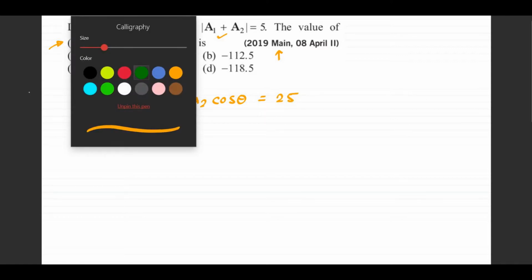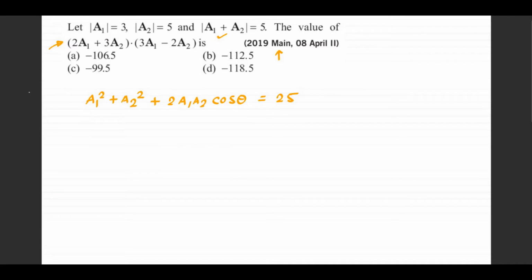Now if I put the values, A1 A2 cos theta, I can write as A1 dot A2. From here I get one very important value, that is A1 dot A2, and I get the value as minus 9 by 2. Very, very important.